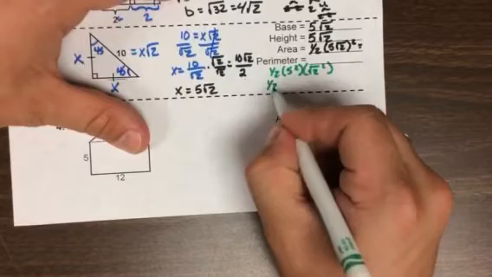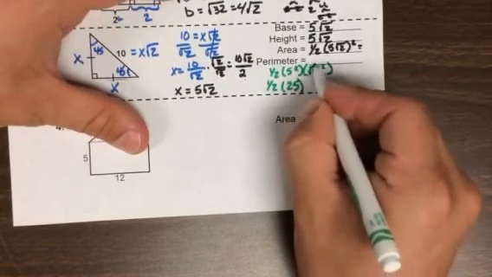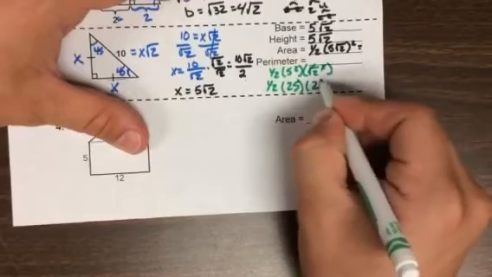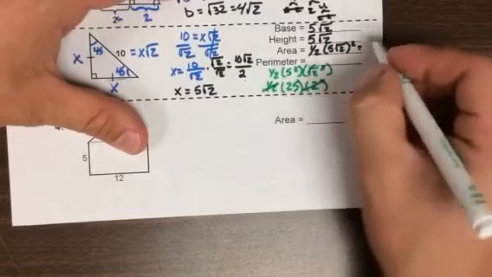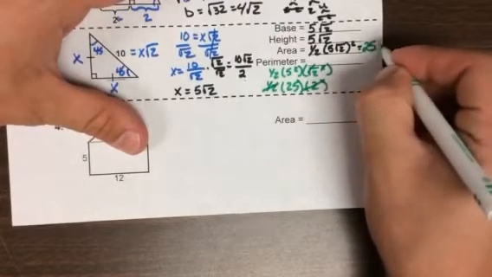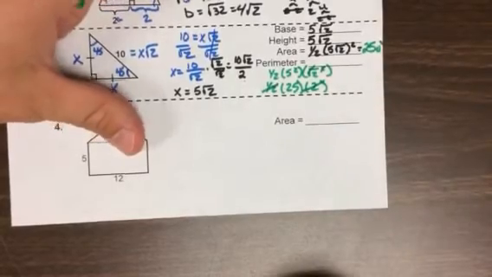Well, 1/2 is 1/2. 5 squared is 25. And the square root and square cancel out, which gives me 2. Well, 1/2 and 2 cancel out, which means that my area is just 25 units squared.